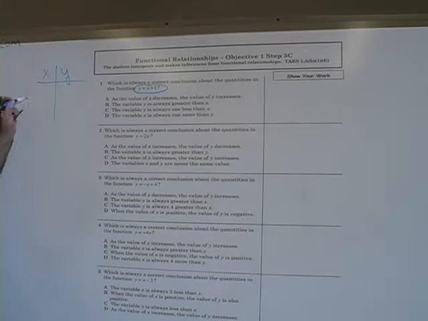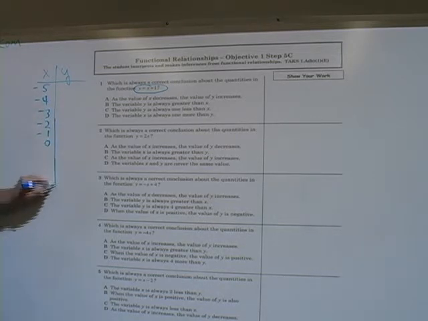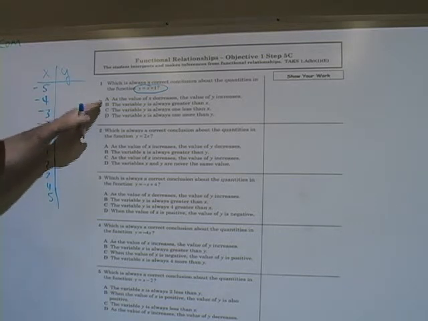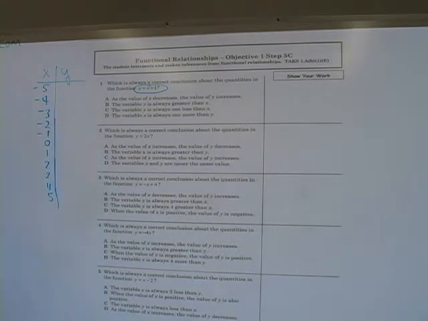A good rule on these, when you're looking at the tables, look at some negative numbers, maybe -5 for x, and then go through, go to 0, and then go up to +5. Usually that's a pretty good rule to figure out which one of these is always correct.